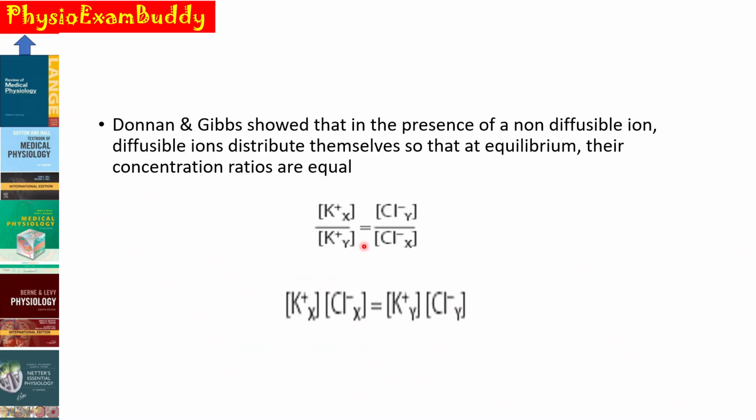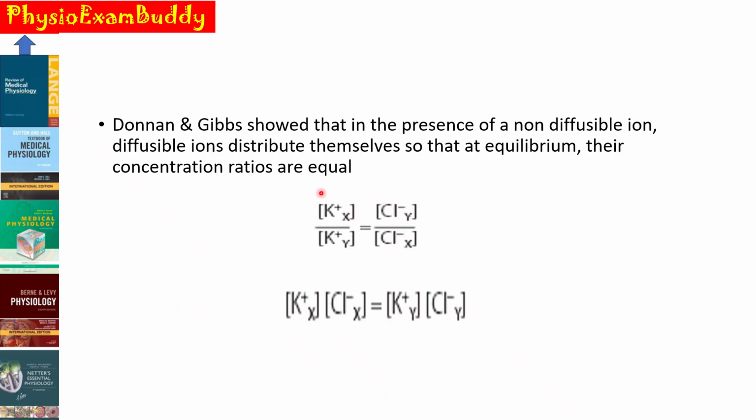So Donnan and Gibbs showed that in the presence of a non-diffusible ion, in this case the intracellular protein, the diffusible ions, that is potassium as well as chloride, will distribute themselves so that at equilibrium their concentration ratios are equal.